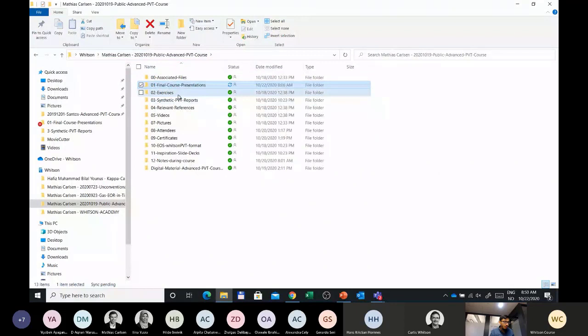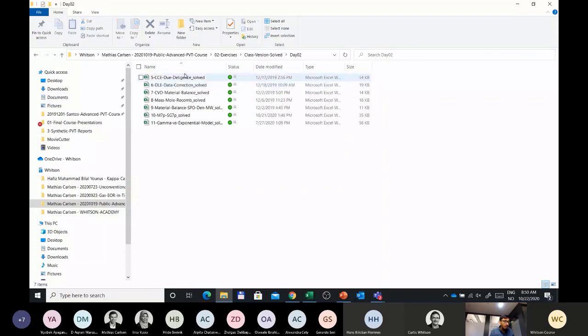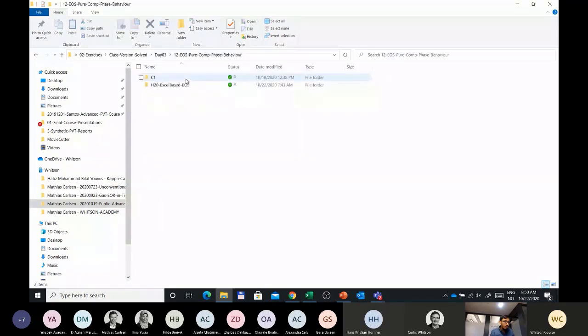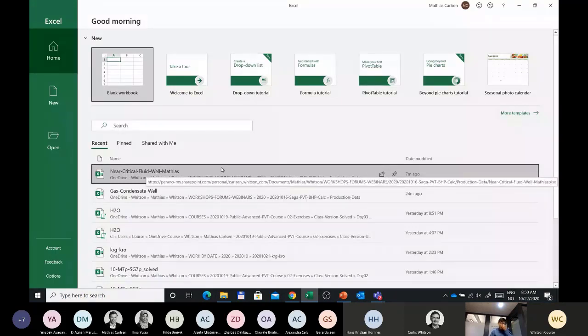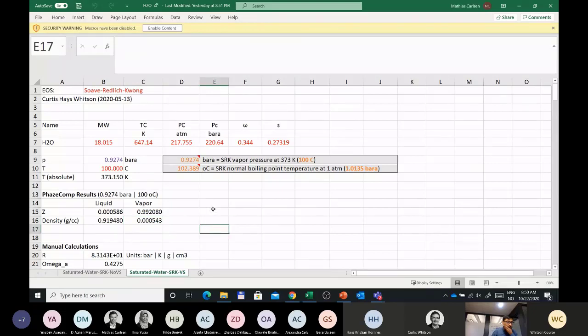I will just show you, because it's the same exercise that we actually did yesterday, but now for this water, it is with the volume shift. So I will just show you what is the difference between the two solutions. I'm just opening the solved version actually.